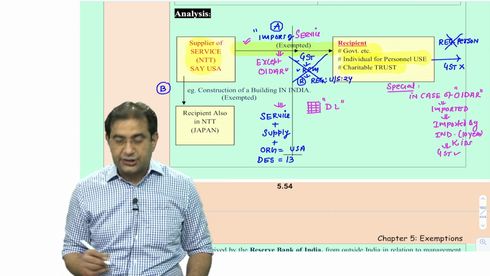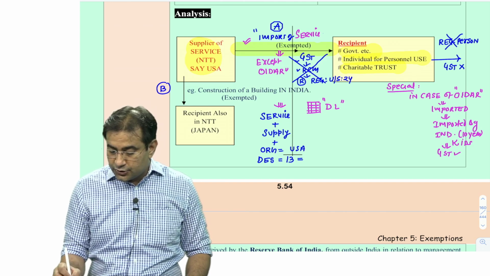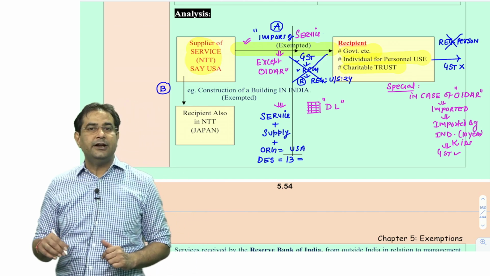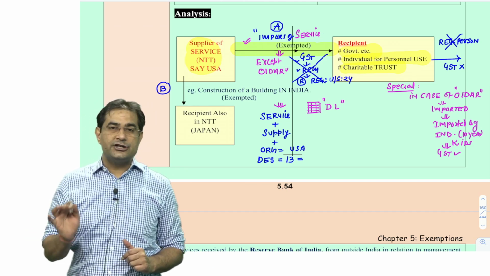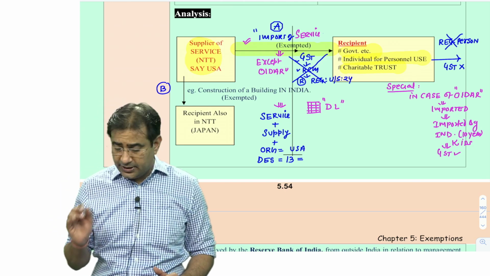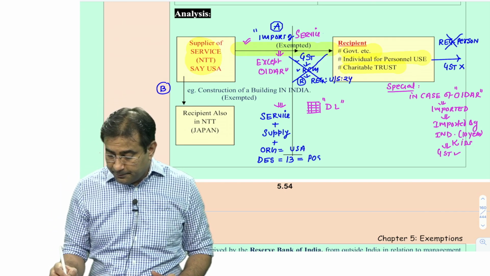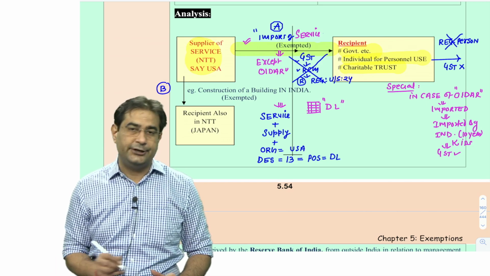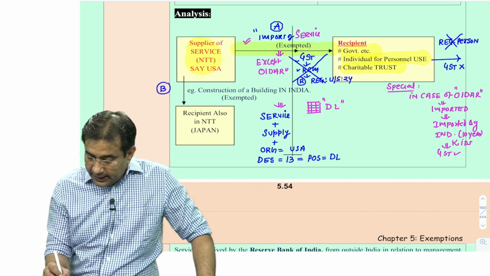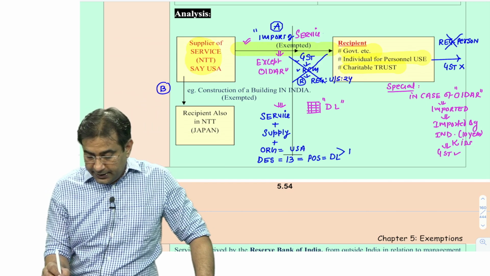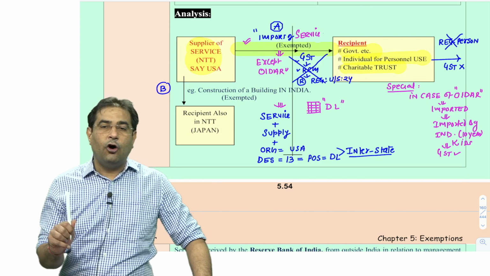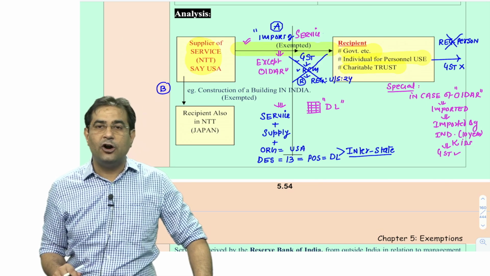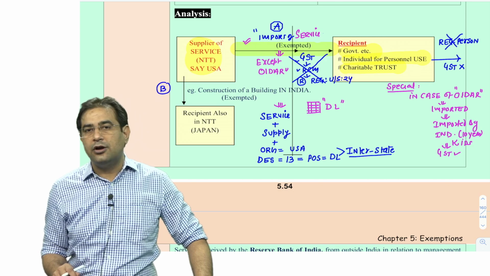So, as per section 13, in case of immovable property linked services, the place of supply would be the location of the immovable property. Is it okay? Yeah. So, accordingly, finally, the place of supply would be Delhi. Yes, sir. No issue at all. And in such a case, it will be treated as interstate supply, that is IGST would be applicable, because we know very well all international transactions are called interstate in the world of GST.